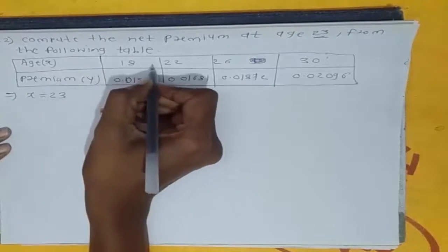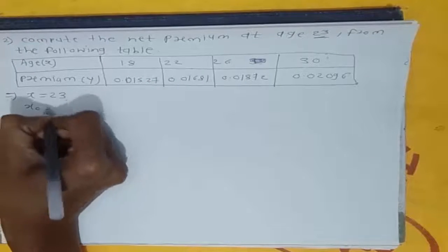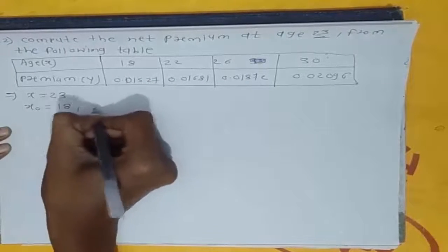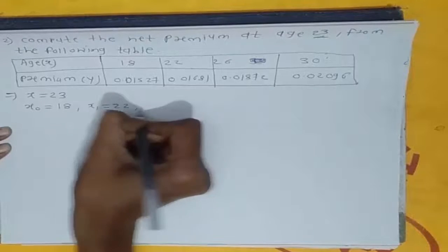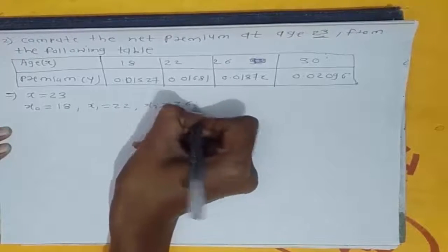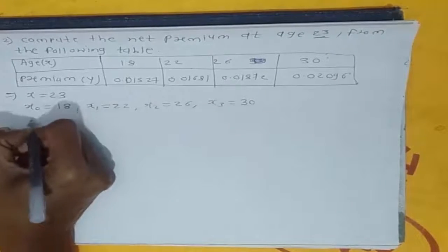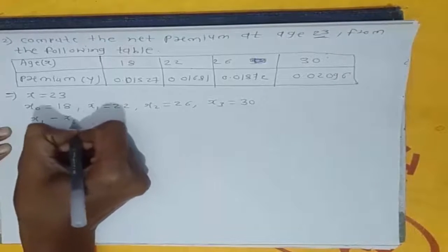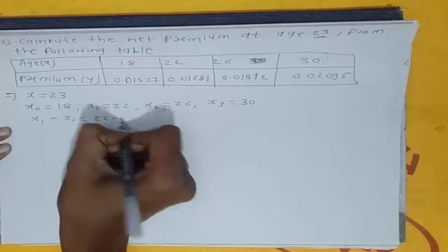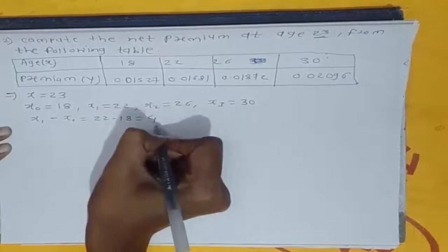Again see here the values of x are, suppose we consider x0 is 18 and x1 is equal to 22, x2 is 26, x3 is equal to 30. Okay, so if we take their difference x1 minus x0, that is 22 minus 18, we get 4. So here h is equal to 4.